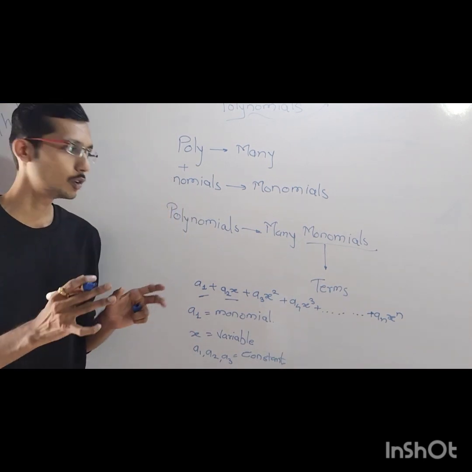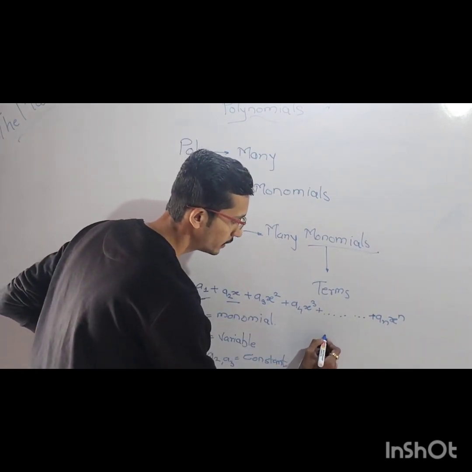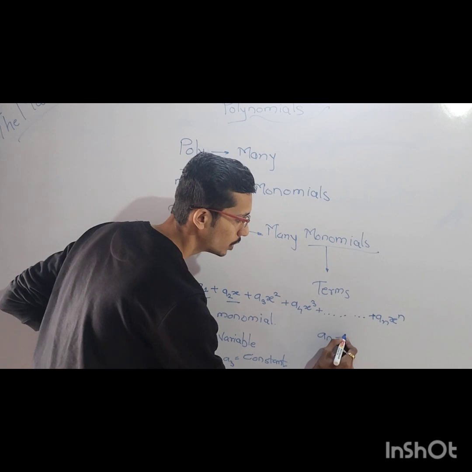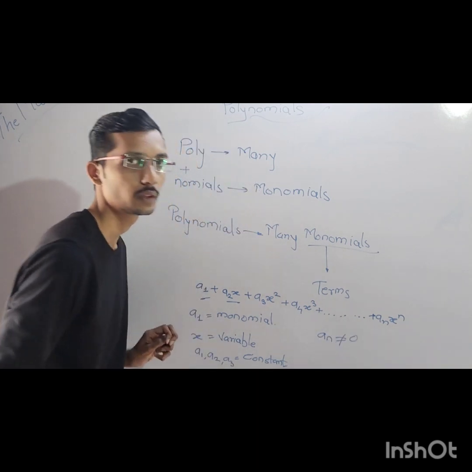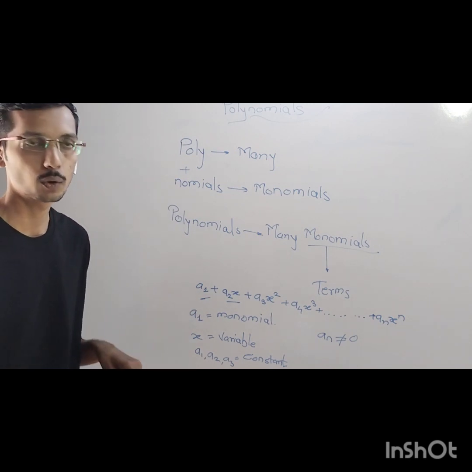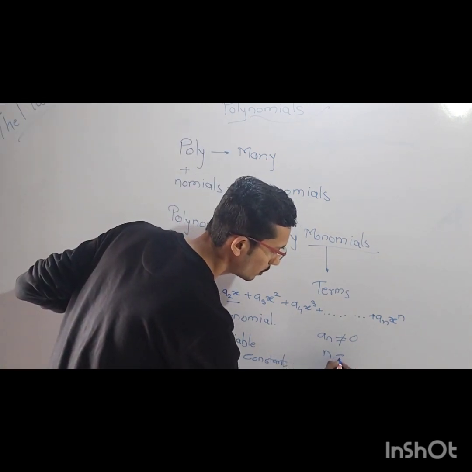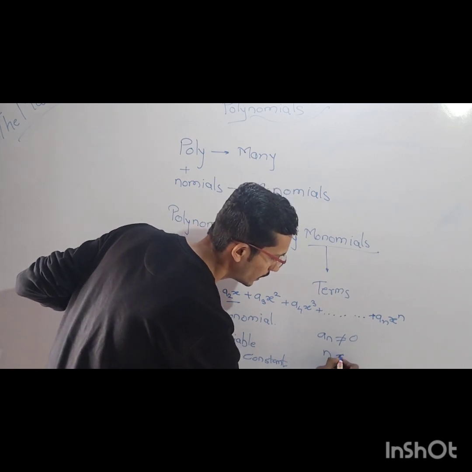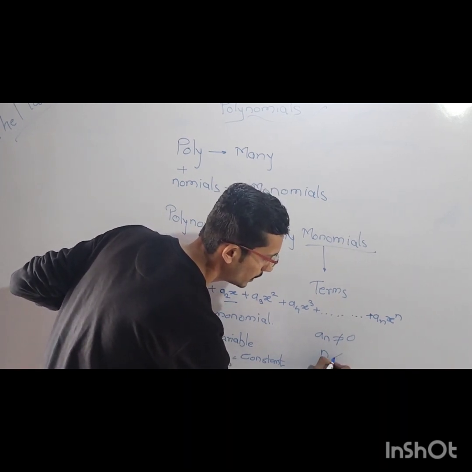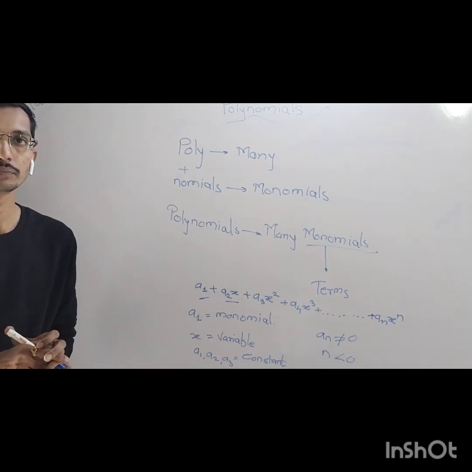To become a polynomial, the first criterion is that this an must not be equal to 0. That means whenever an is 0, the whole term becomes 0. And second, this n should not be less than 0. That means it should not be a negative integer.